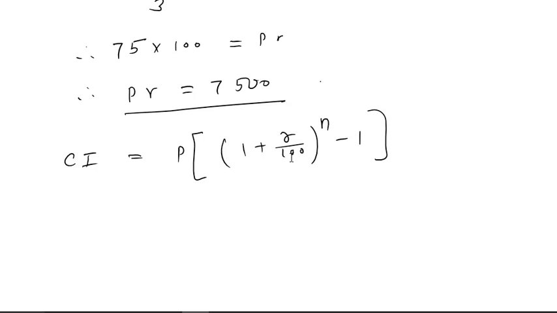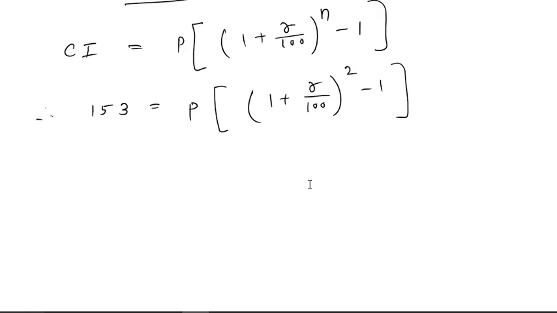Therefore compound interest is 153. So 153 will be P into (1 plus R upon 100) power 2 minus 1. The value of R we don't know.